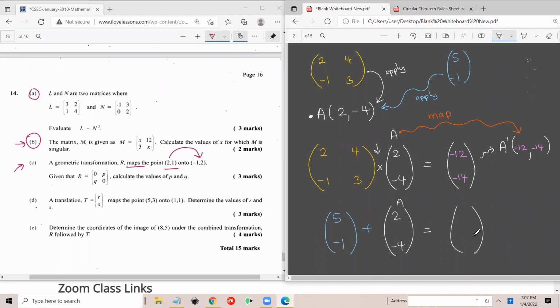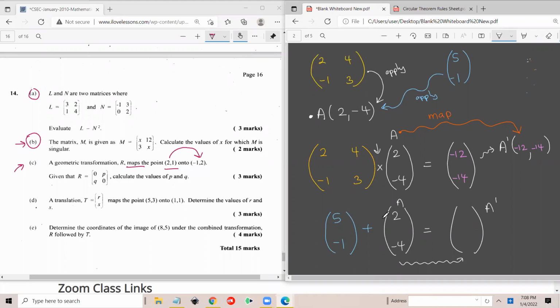Can you send the answers over here? For A dash, this point will get mapped to what because of the blue matrix? Right, Cassidy, correct. Tiana, correct. Selena, check it back. Jordan, correct. Gerard, check it back.